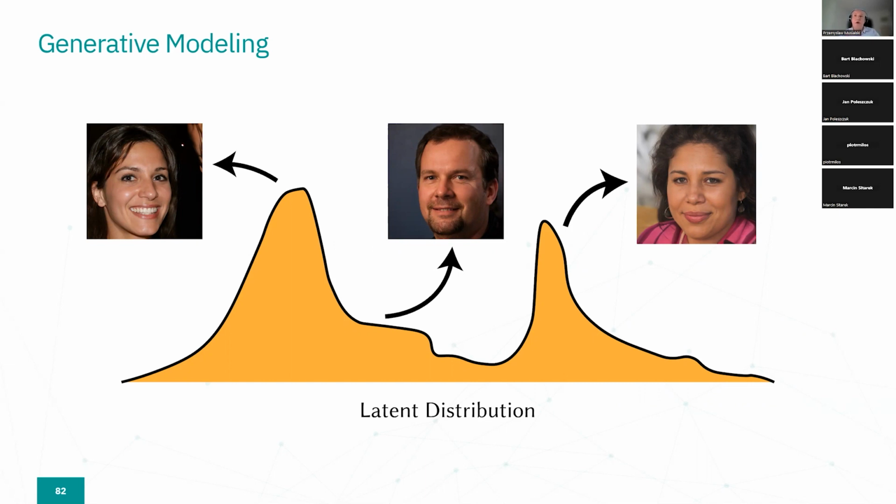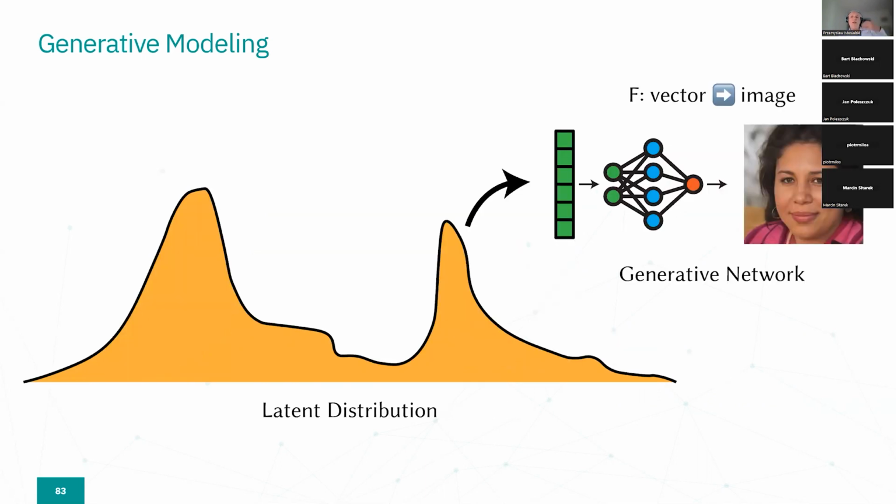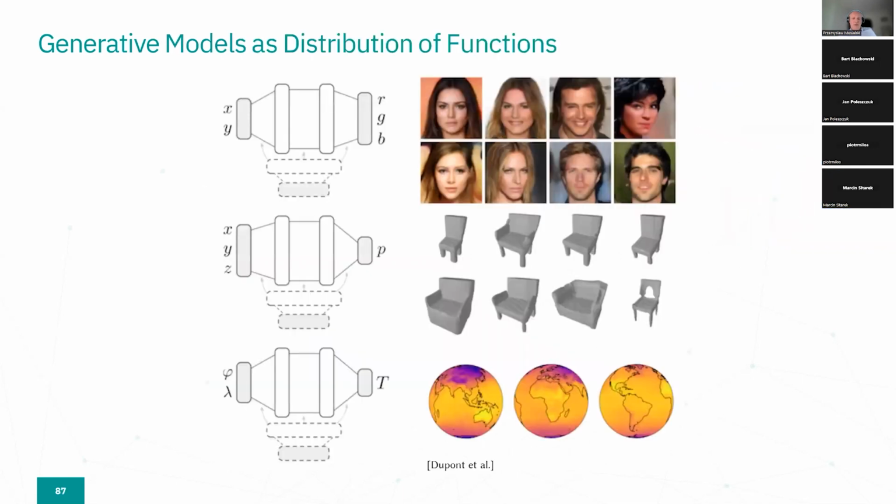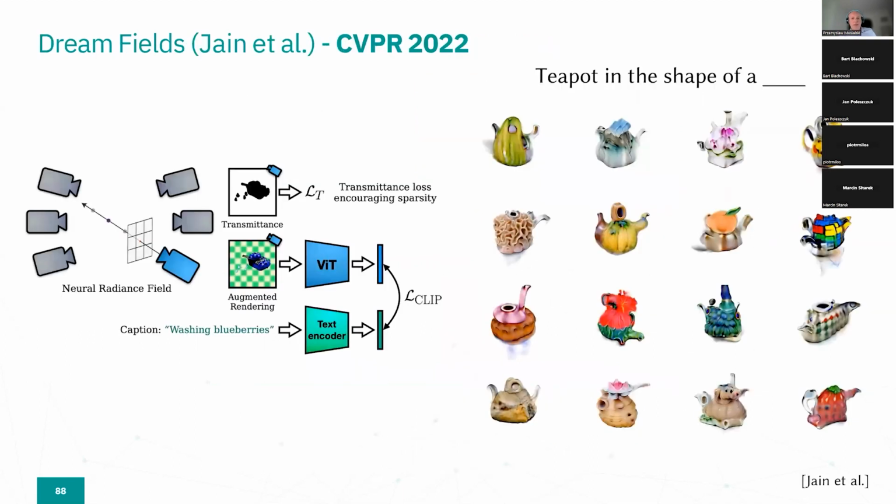Generative modeling is about training a probability distribution from the data and generating new data. So all those applications of neural fields can be combined with generative modeling, exploring the latent spaces of those coordinate-based networks, combining them together.